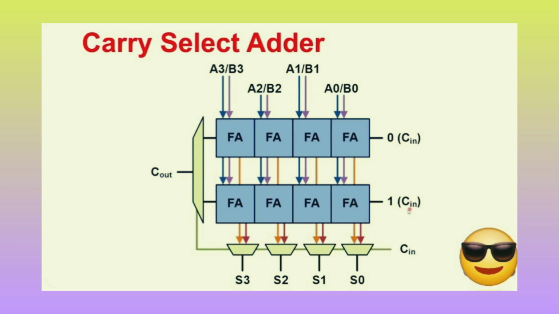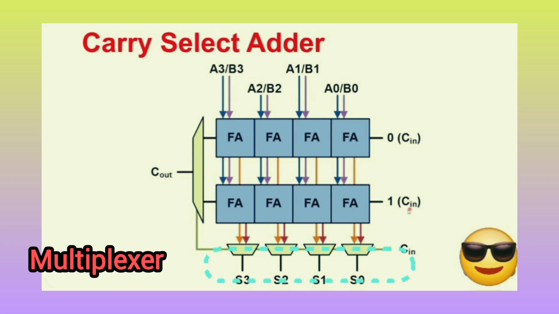Both rows begin computing the moment A and B inputs arrive. They do not wait. They run in parallel, producing two complete sets of candidate sum bits and carry outputs simultaneously.